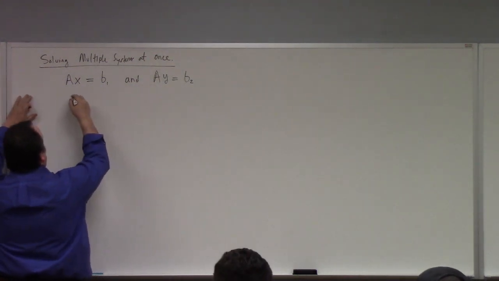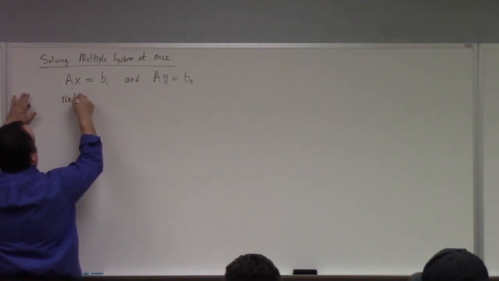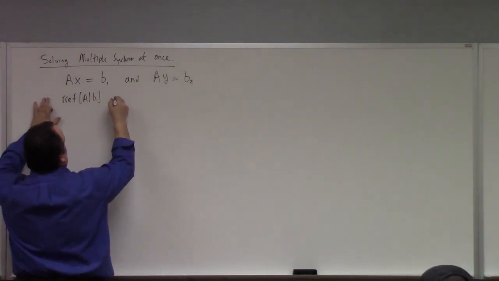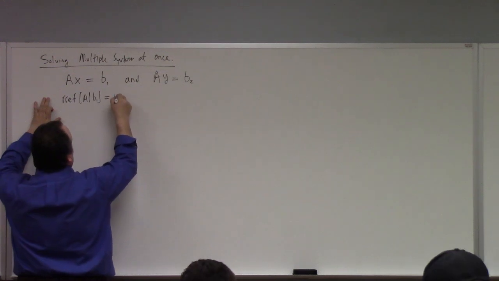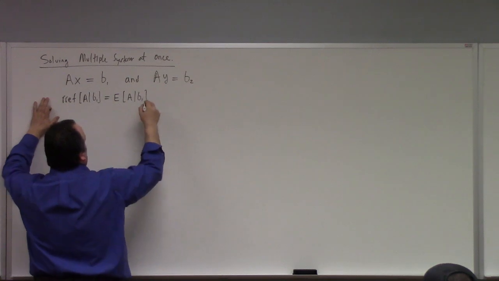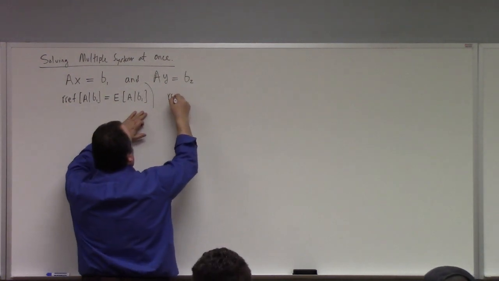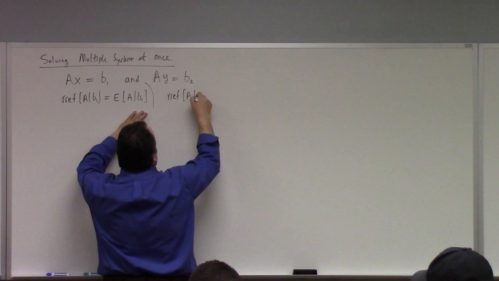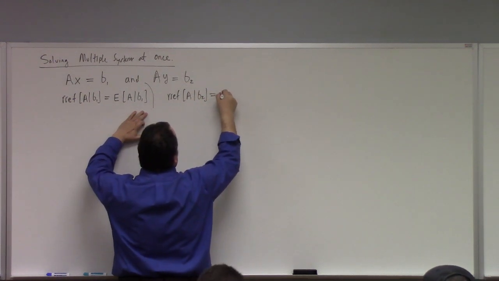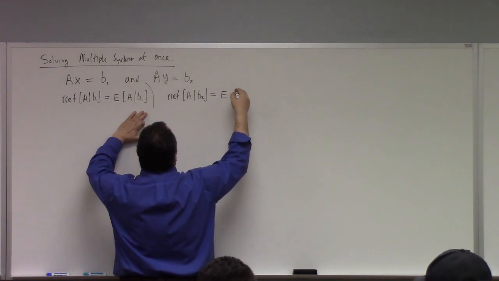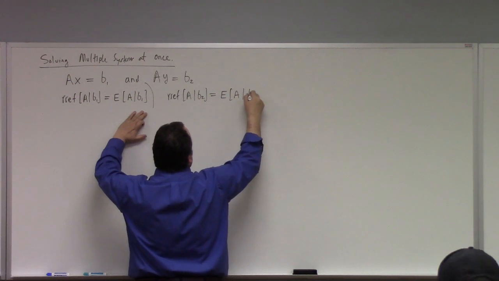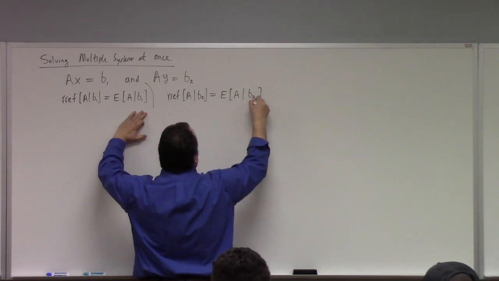You can solve this by looking at the row reduction of the augmented matrix of A with B1, and that's going to be E times [A | B1]. Likewise, over here, for [A | B2], you're going to calculate some row reduction, and at the end of the game, it is a product of elementary matrices times the augmented matrix of A with B2.